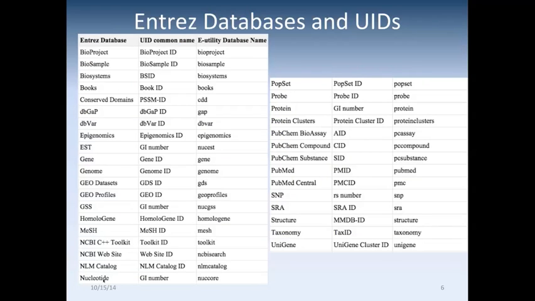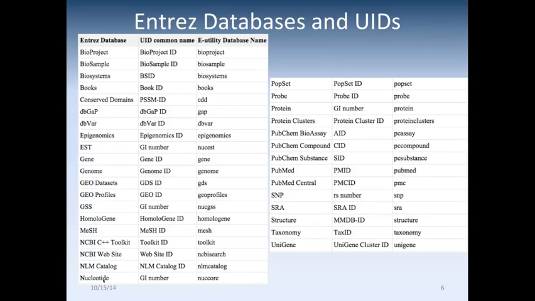Now, the one thing you should know about the API in terms of how to work with it and think about it within the Entrez system is that each Entrez database represents each record by what we call a unique integer ID, or a UID. And each database has their own specific name for what that ID is. And some of them you may have heard of before.